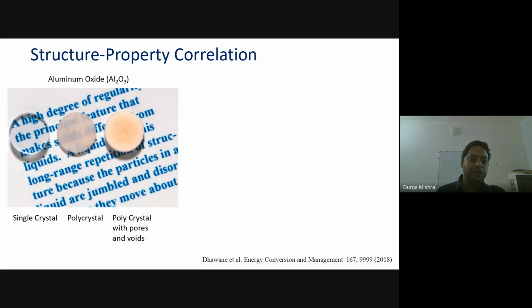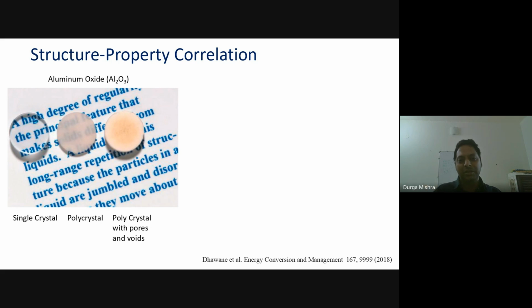In the picture you see some kind of disk. The left hand side is completely transparent, so you can read what is written underneath. The center one is partially transparent, semi-transparent, so you can read but not completely. That means some light is being transmitted, but not all the light. So it is kind of diffused.